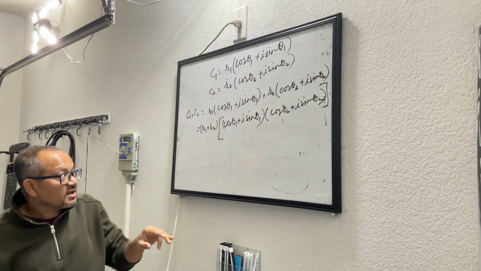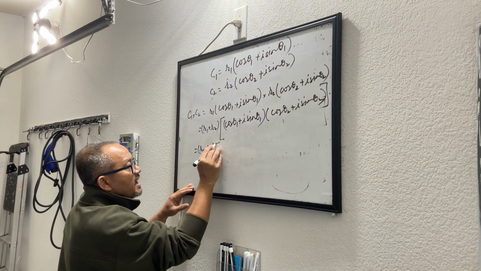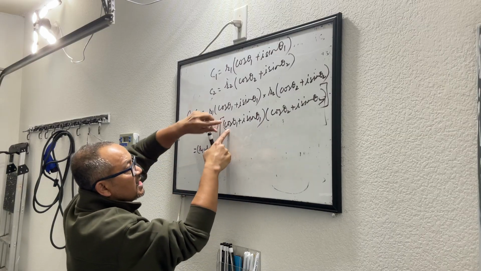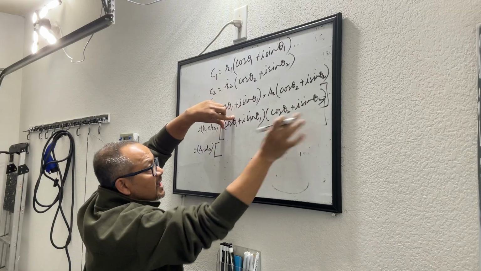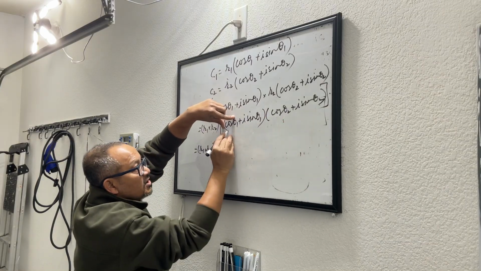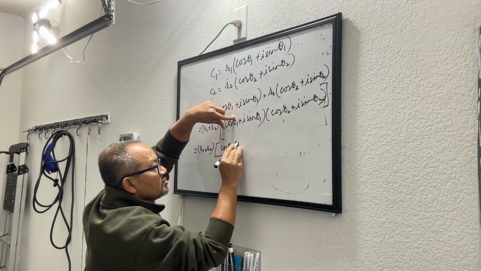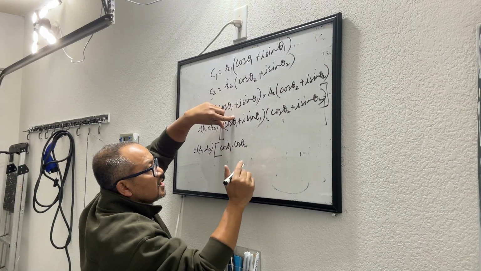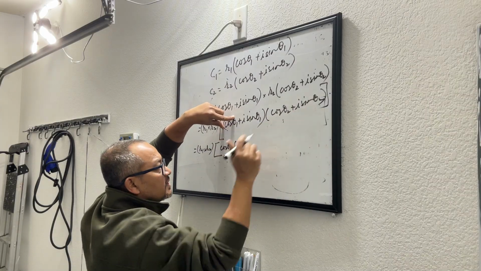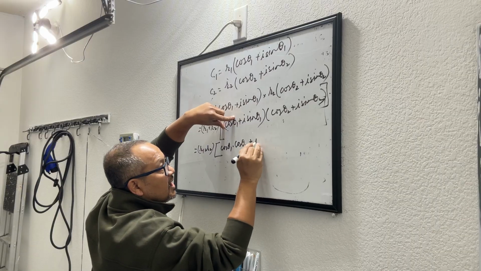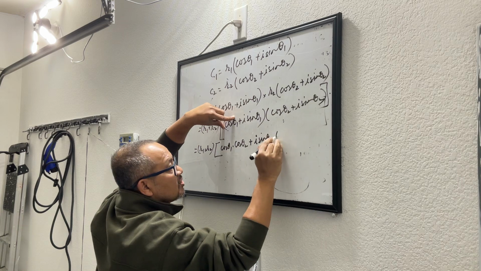Let's see what is happening inside this big bracket. R1 times R2, and here when you break it, I will probably try saving some space. I will multiply this thing with the whole thing, then multiply this thing with the whole thing. Let's see. Cos theta 1 times cos theta 2, plus I sine theta 2 times cos theta 1.